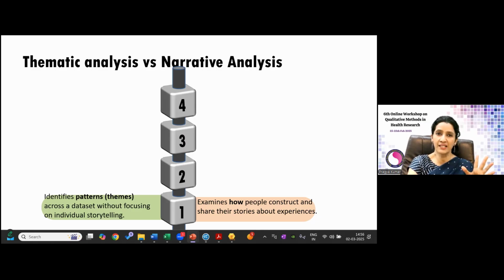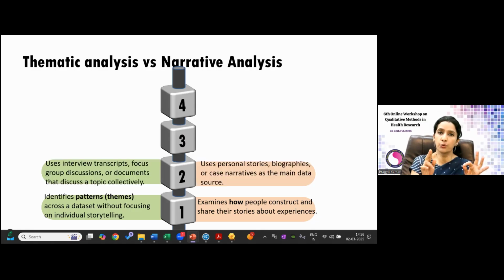So Creswell says that it should be few. Two or three you can perform narrative on, but not many. And then you use the interview; in thematic analysis, you use the interview transcripts, you focus on group discussions, and documents and all.